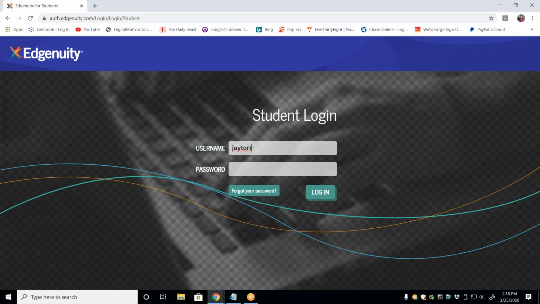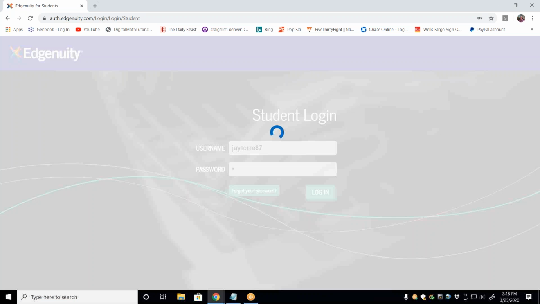T-O-R-R, what? Torah? There's no S, just the letter X? Okay. Never seen anything that accepts one password.